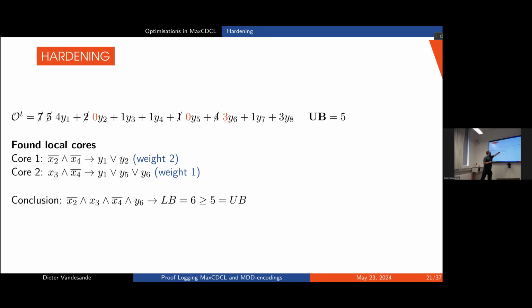Because we definitely have weight 2, we definitely have weight 1, so that gives 3. But here in the temporary objective, we still have y6 with a coefficient of 3. So if we assign y6 to be true, we get a lower bound of 6, which is greater than or equal to the current upper bound.